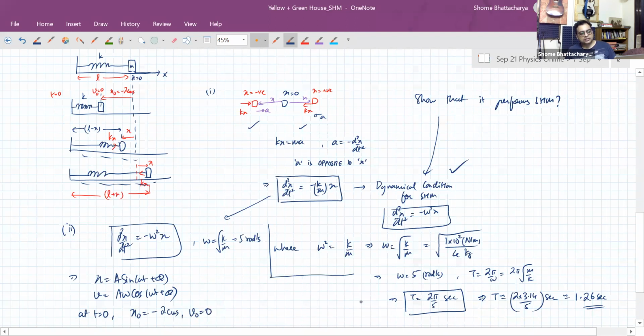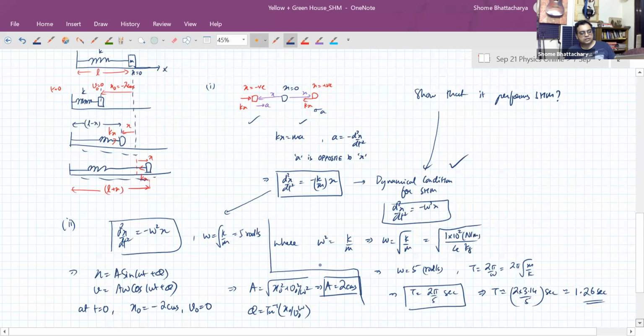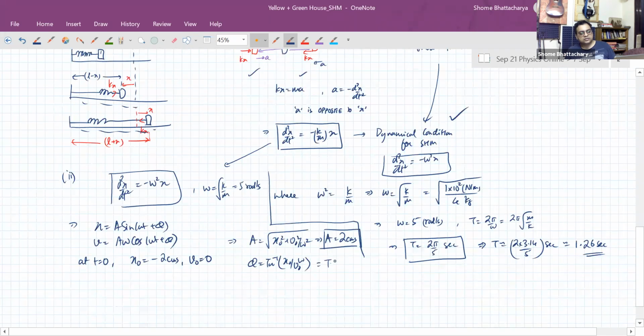So from that, when we substitute this, we'll get amplitude as 2 centimeters. And phi is tan inverse of x naught divided by v naught by omega. Now here we'll notice one thing, that this is tan inverse of an undefined quantity.